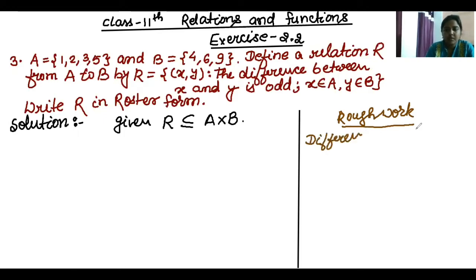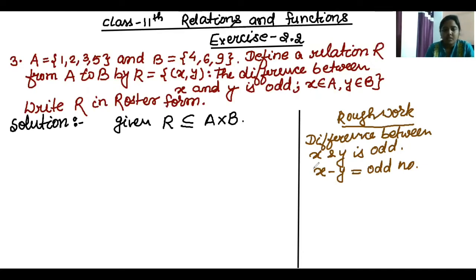So we can write here x minus y equals an odd number. So this is the basic condition of R. So according to that, we have to find out R elements, relation R elements. So one by one we can apply.